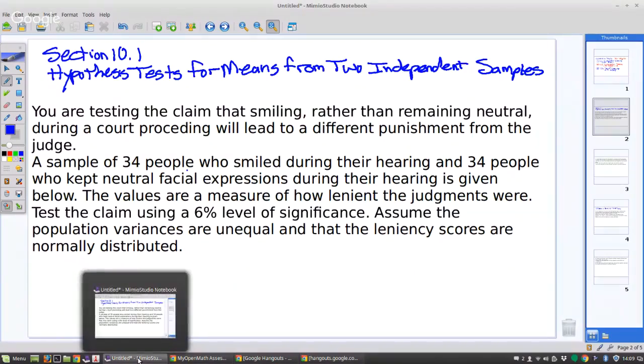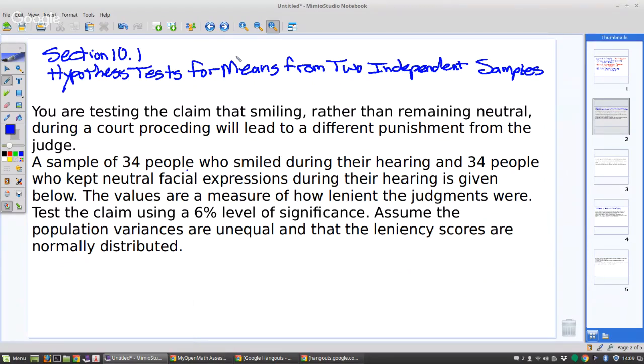So let's see. Well, the claim above here is talking about different punishment. So we're measuring the average leniency. So let's define our variables first. So we have mu s, let's say smiley people, which is the average leniency.